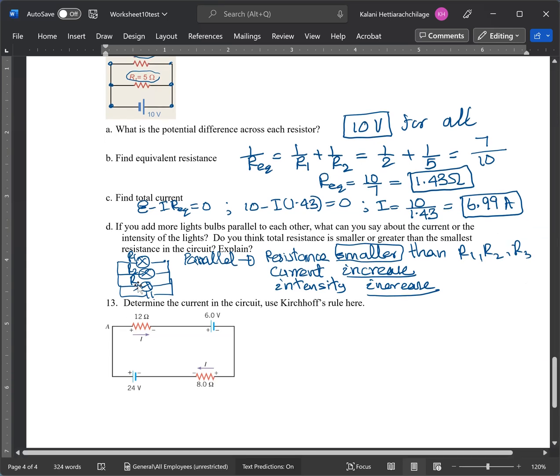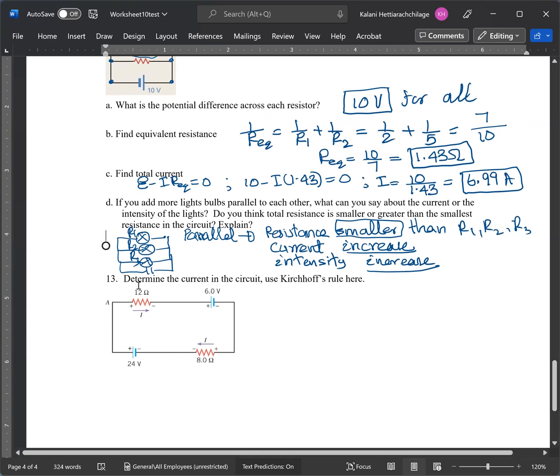Okay, so last question. Determine the current in the circuit. Use the Kirchhoff rule here. Kirchhoff rules are designed to solve complex circuits, but you can still use them for this simple circuit in your class, right?